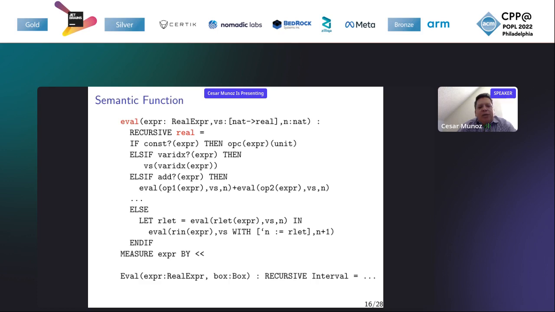This is a recursive function. I'm not going into the details, but it's just a recursive function on the real expression that we are evaluating. And then we need a second evaluation, which is the evaluation for intervals. In this case, the same expression is going to be evaluated in a box, and it's going to return an interval, and it is defined using a recursive function.